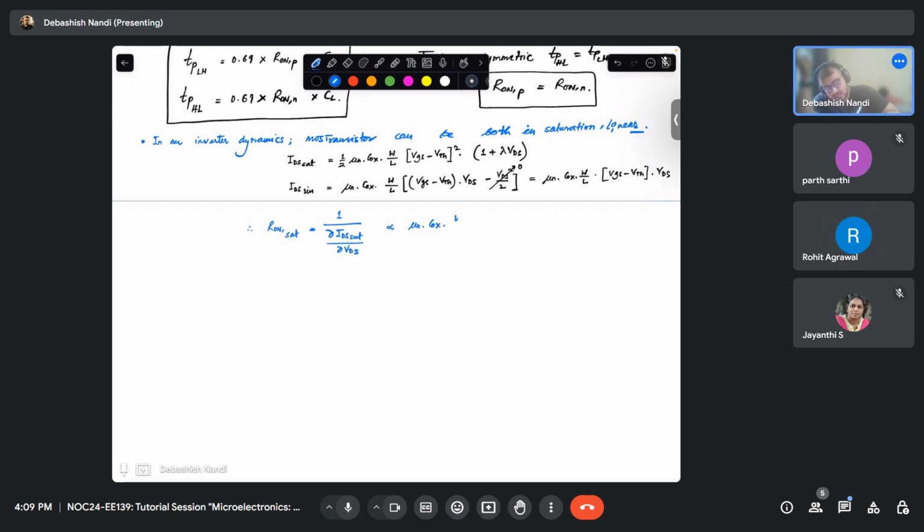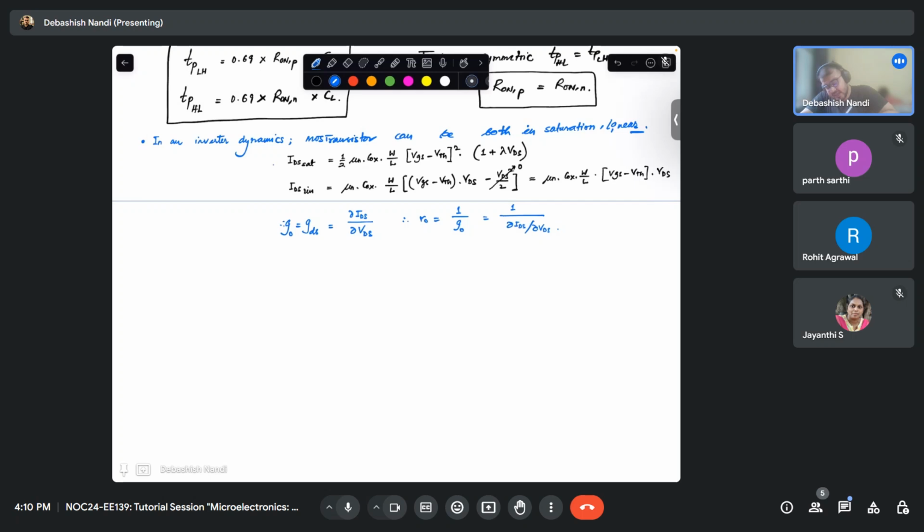Mu n Cox W over L and some constant other things. What is GDS? Del IDS by del VDS, or G0? What is your R0 then? 1 over G0, right?